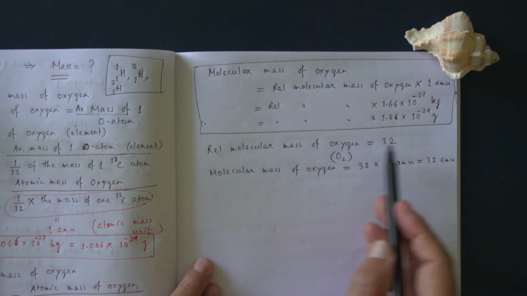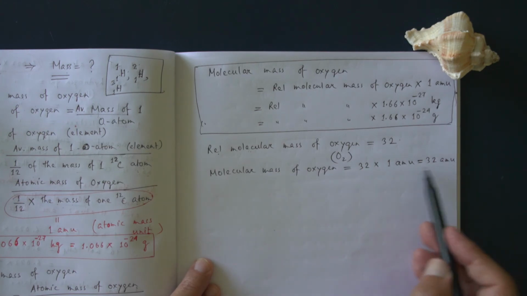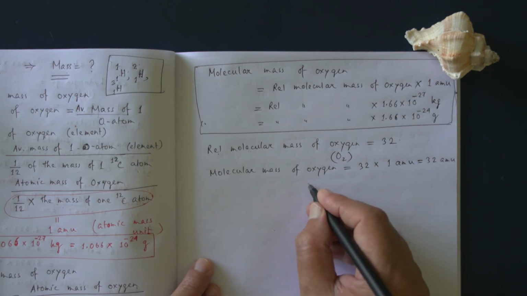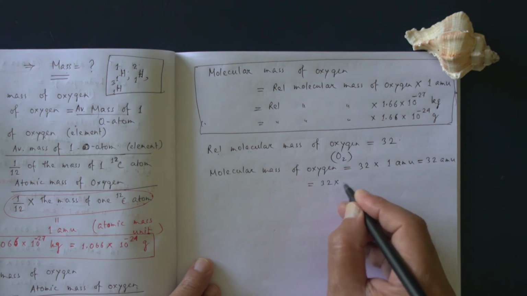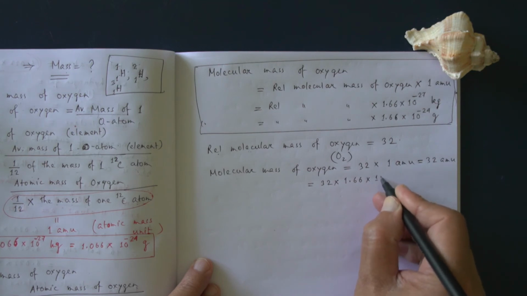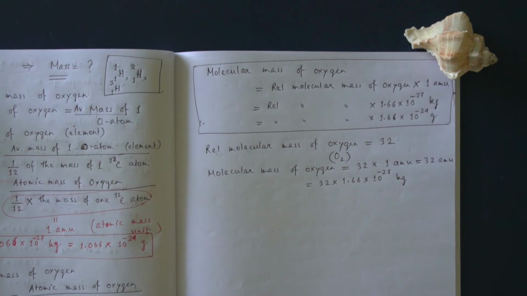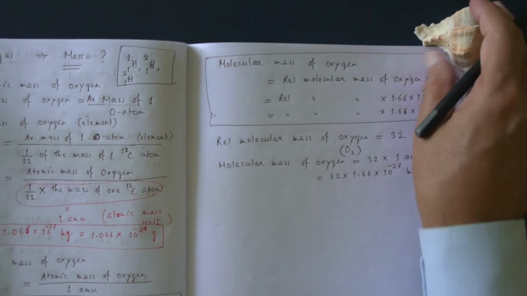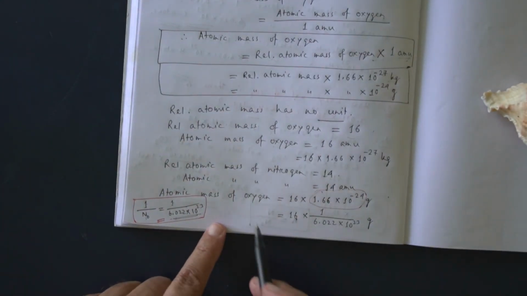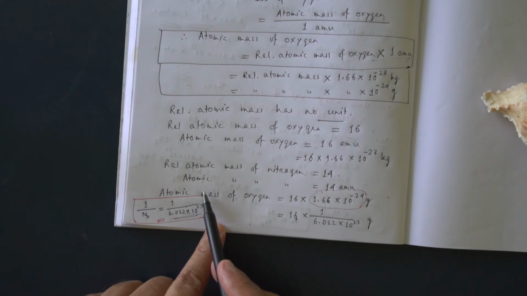Relative molecular mass, no unit, but molecular mass has unit. Maybe AMU, maybe kg, maybe gram. Just like atomic mass, relative atomic mass has no unit, but atomic mass has unit.